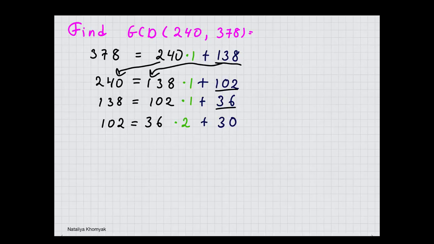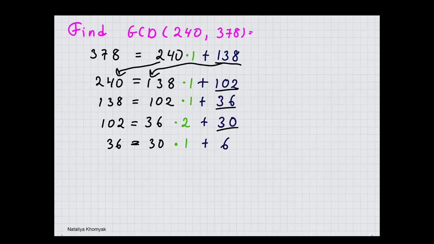The remainder is not 0, we have to do the algorithm again. So we have the equal sign, move 36, copy the previous remainder, which was 30. 30 goes into 36 one whole time. 36 minus 30 times 1, the remainder is 6.